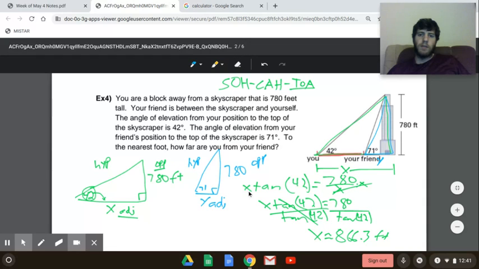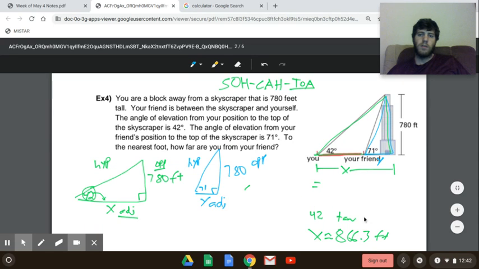So I'm going to erase all this so we have room. I'm going to leave the x down there though. All right, so we have opposite and adjacent, that's tangent again. So we're going to do tangent of 71 equals opposite over adjacent.